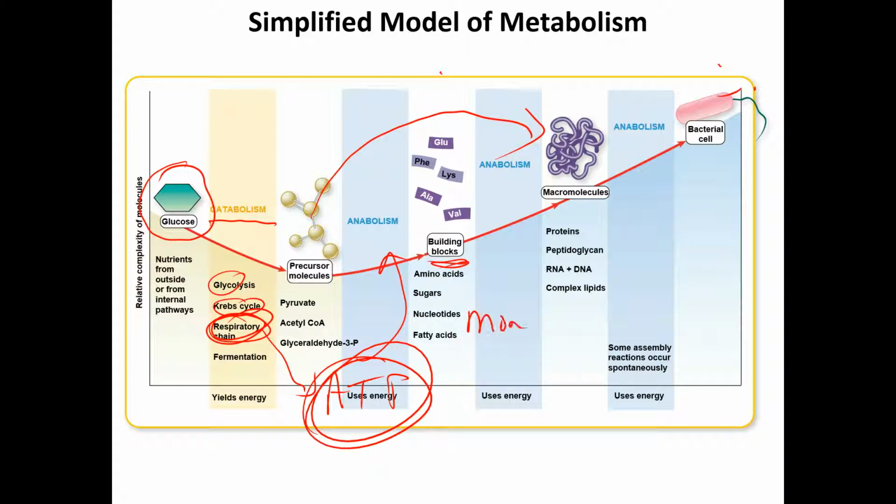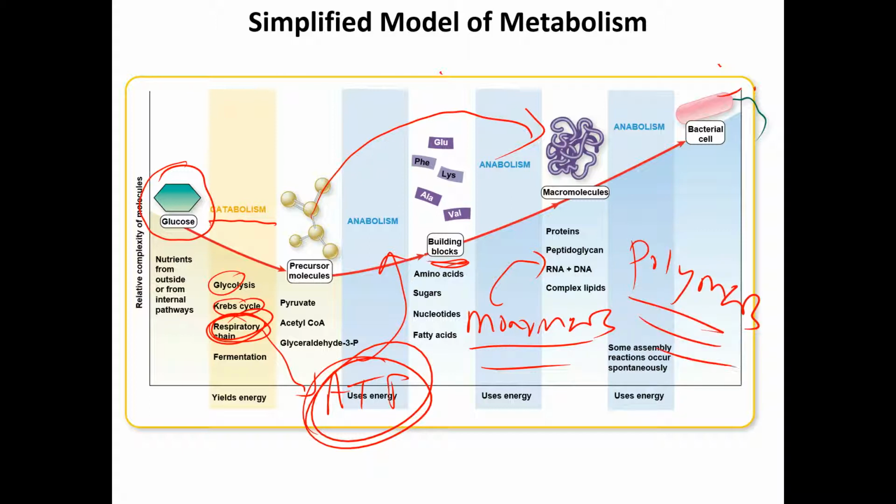You're talking about your monomers, and you're building your polymers. This should be review from the first chapter: basic biochemical molecules, biological molecules of cells. These much larger molecules and structures require the expenditure of ATP, and all this is ultimately used to add onto the cell and to create new cells.